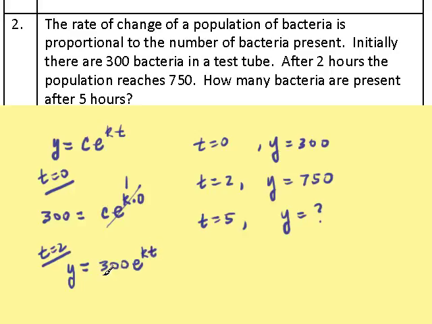We know that c can be replaced with 300. And now we'll substitute t equal 2 and y is 750. And we have 750 is equal to 300 e to the k times 2.